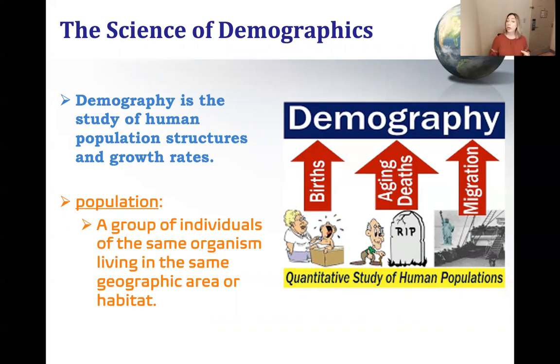This is not just for humans, but for all organisms. A population is a group of organisms of the same species in a given area. For instance, if I'm looking at the Sonoran Desert by Tucson, I could look at a population of coyotes, right? They're all the same species and they're in a given area.